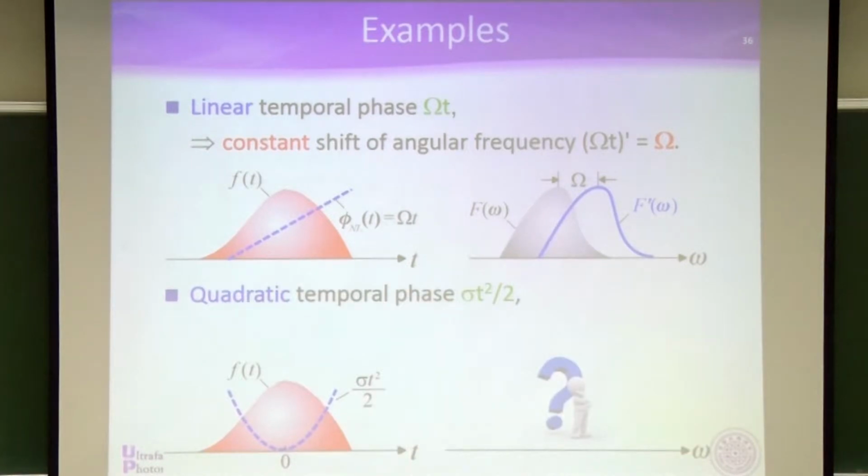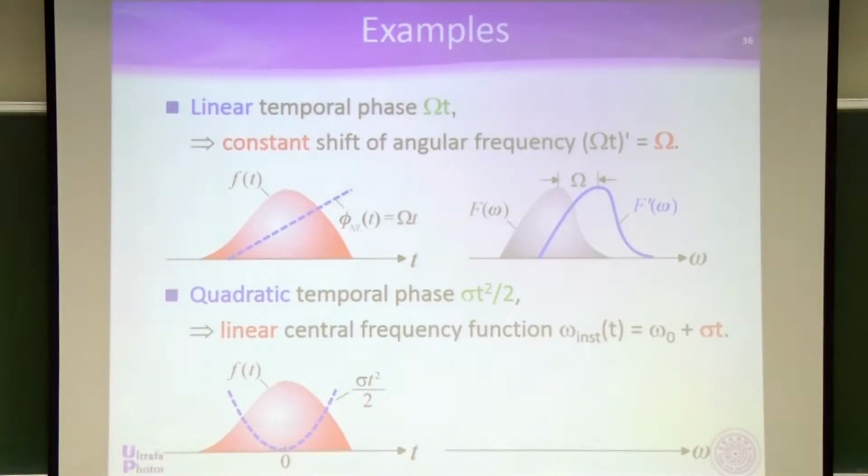The second example is a quadratic temporal phase function. This time we still have the same power spectrum, but with a quadratic temporal phase function, say equal to sigma over 2 times t squared. So this is a purely quadratic function. The question is, what is the corresponding spectrum in the frequency domain?